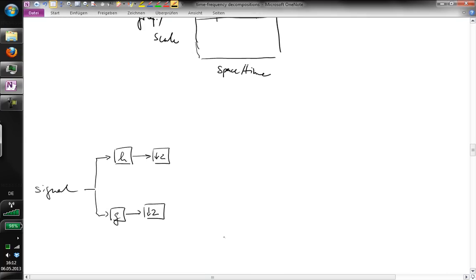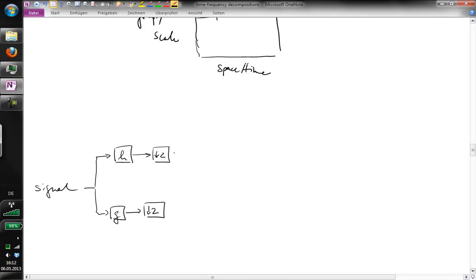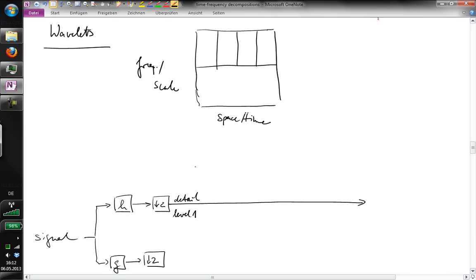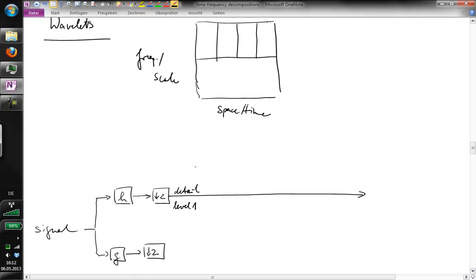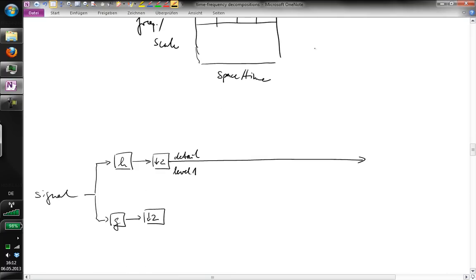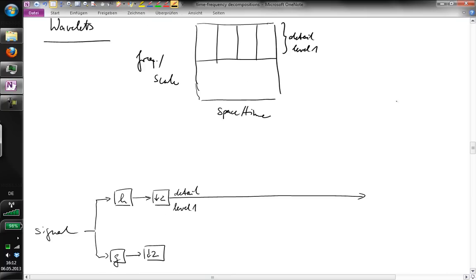All right, so I have created the first partitioning into a lower and a higher frequency band. The result here I will call, following the convention in the field, the details at level 1. And actually I leave them unmodified. So these are the details at level 1. Now the remainder here, the low frequency, I'm going to split again.